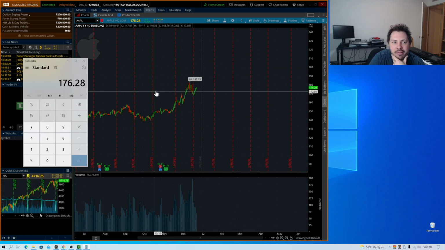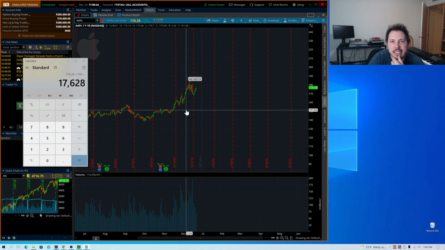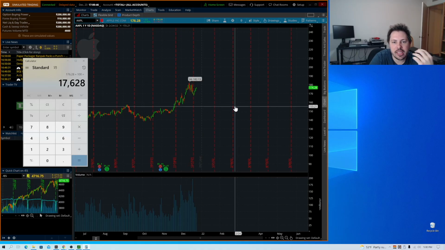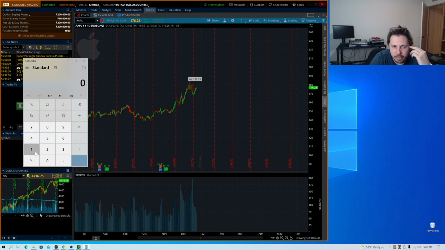And maybe you have however much money you have, 100 shares of Apple at this price, times 100 shares. To sell a cash secured put against Apple, you need to have $17,628 in your account so that you could take delivery of those 100 shares should the put end up in the money, right? But when we think about getting it for a discount, how do we think about this?